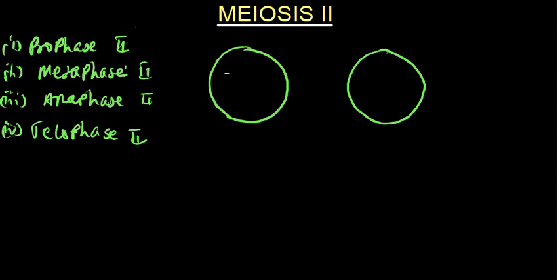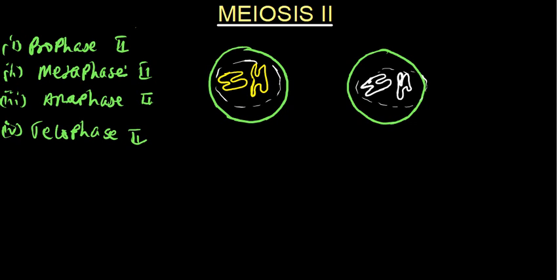Then this one now is having its own chromosomes. These chromosomes, as we know, are scattered everywhere in the cell. Then we saw the nuclear membrane surrounding these chromosomes at the end of telophase 1, like that.